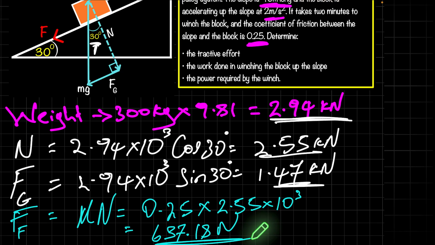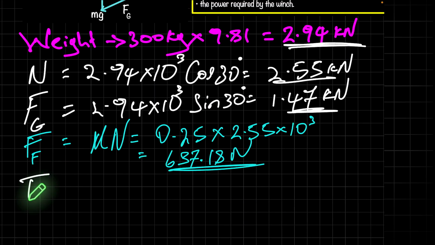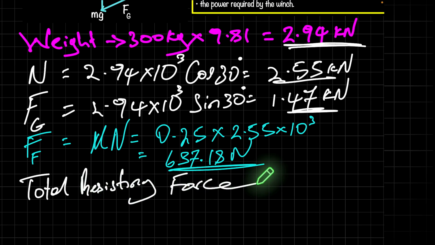So that's why we now need to find the total resisting force, so that we know how much effort is required and how much power is generated. So let's find the total resisting force now. For the total resisting force, this is just going to be a sum of those three forces that we just worked out.